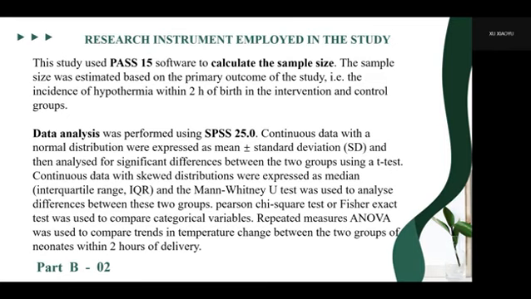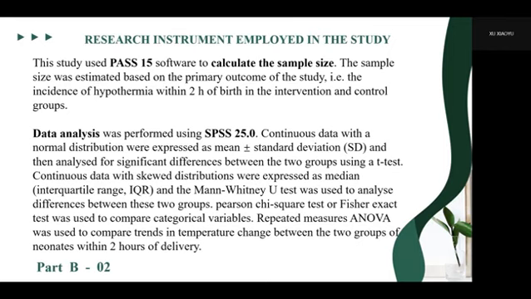The first one is PASS 15 software, and the other is SPSS 25.0, where PASS is used to calculate the sample size, and SPSS 25.0 is used for data analysis.